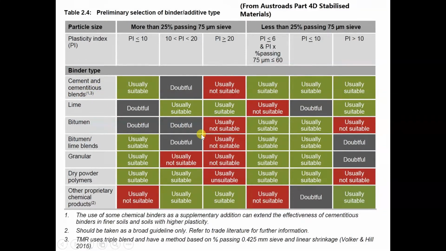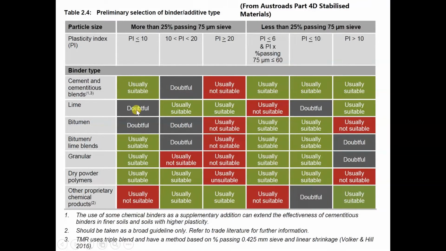Okay, we look at the different types of additives. We can see that they may be suitable, doubtful or not suitable. The red one is not suitable. The light green ones are suitable.